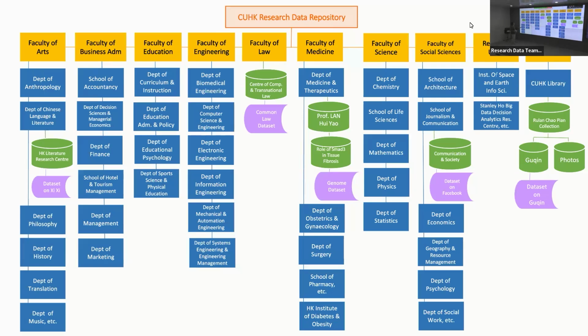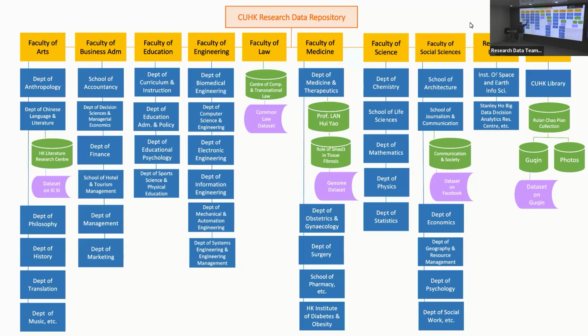So under each faculty, we have created a folder for each department or school. For researchers, for example, under Department of Finance, if you are research staff or teaching staff, under Finance, they are automatically given rights to work inside this folder.